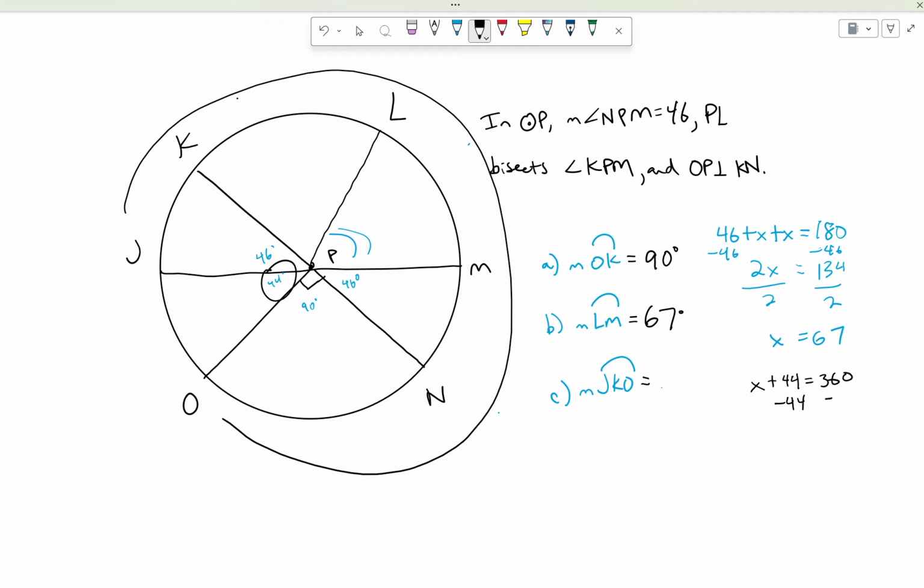So we back out 44. And that is going to give us 316. All right. I had a good time there. With that, 316.